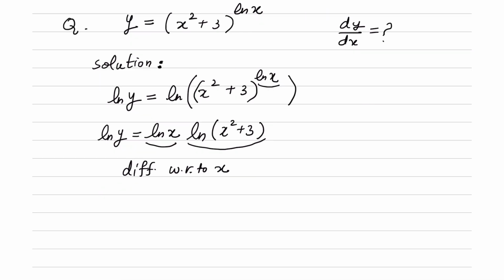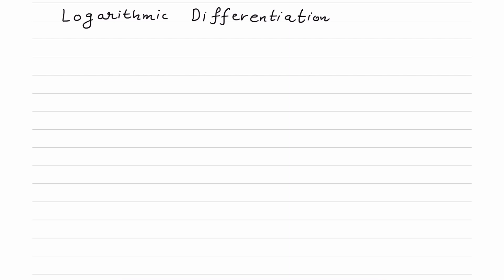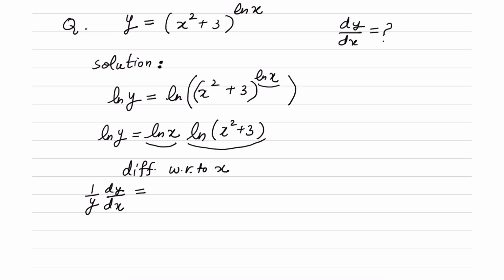So derivative of ln y with respect to x is 1 over y and then dy by dx equal to, and for the right hand side derivative we will apply the product rule of derivative, which says first term as it is, derivative of second term. ln of x square plus 3 is the second term, its derivative is 1 over x square plus 3, and then the derivative of the inside term which is 2x plus 0, plus first term derivative, first term is ln x, its derivative is 1 over x, and second term as it is.